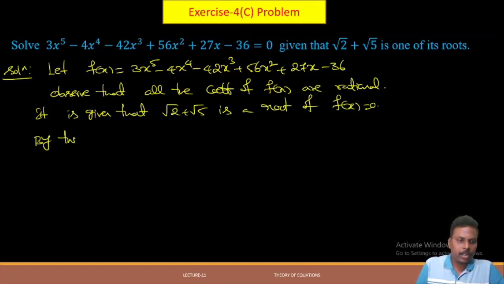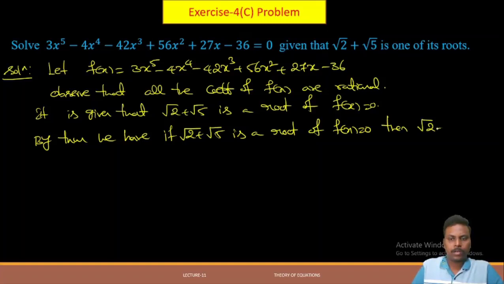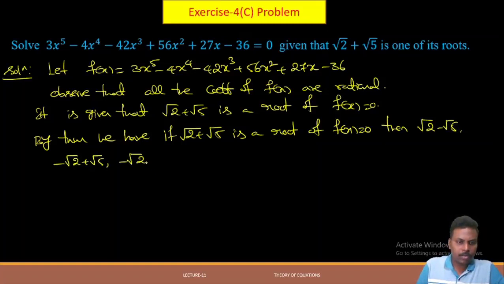By theorem we have, if root 2 plus root 5 is a root of f of x is equal to 0, then root 2 minus root 5, minus root 2 plus root 5, minus root 2 minus root 5 are roots of f of x is equal to 0.